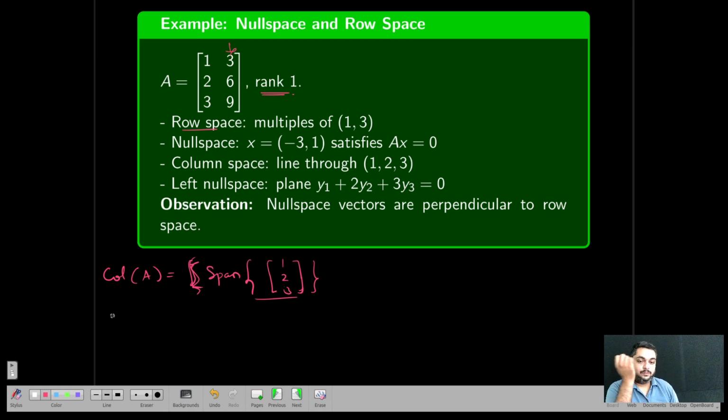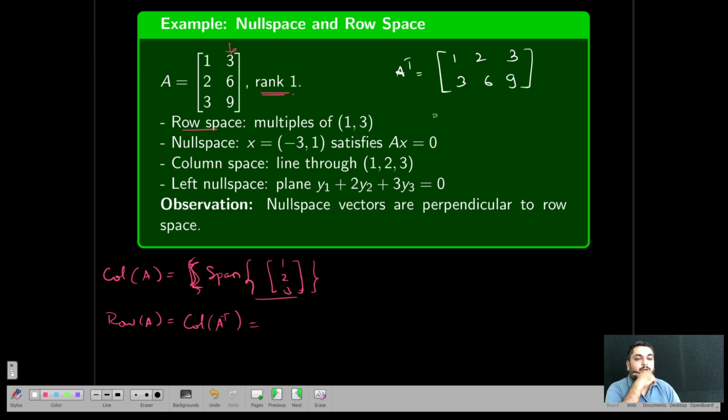Next, what is the row space of A? Row space of A is the column space of A transpose. If I transpose this matrix, I get A transpose as 1, 2, 3 and 3, 6, 9.